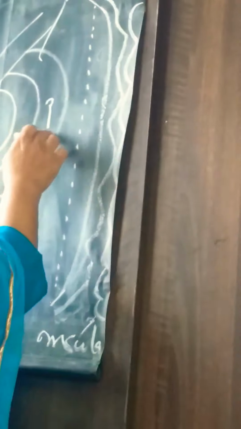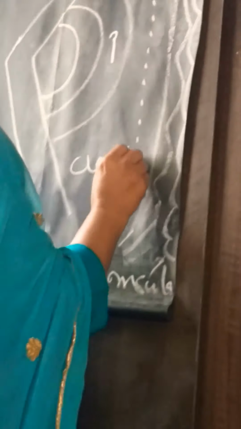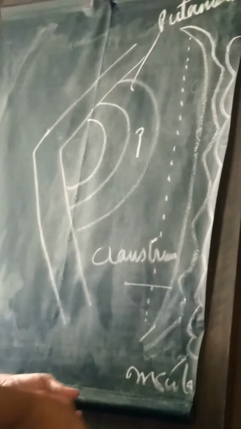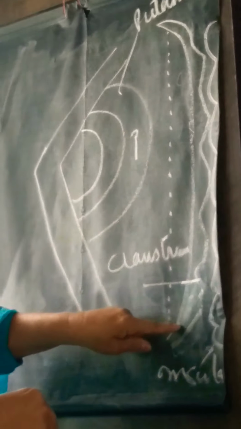This is the putamen. Got it? So this is the claustrum. This portion is the claustrum. Okay? So see, this is the claustrum.